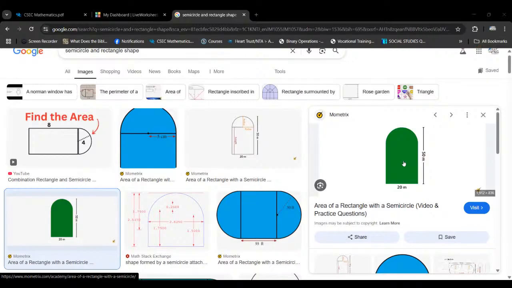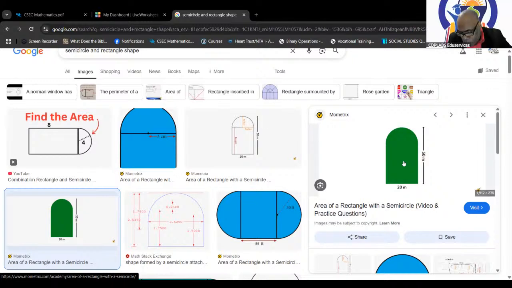Half divided by 20. That's a half, right? When you find half of the diameter, what measurement would that give you?